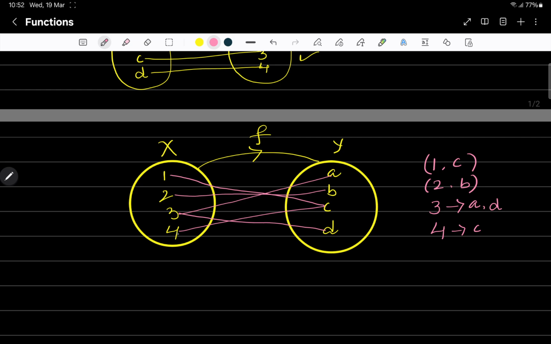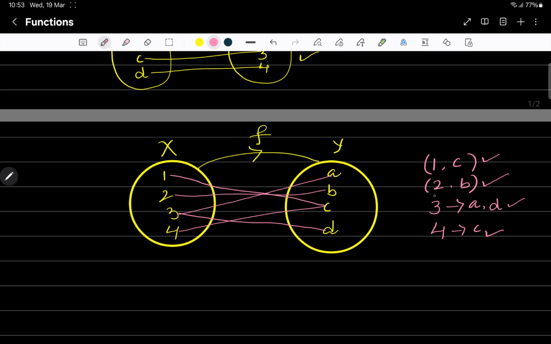1 also C, 4 also C. No issues, because 1 having only relation with C, 4 having only relation with C, 2 having relation with only B. But 3 having relation with 2 letters A and D. So this gives you the definition of function in wrong way. So what is the definition of function?